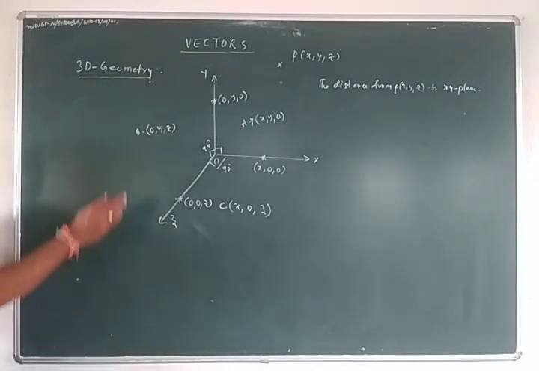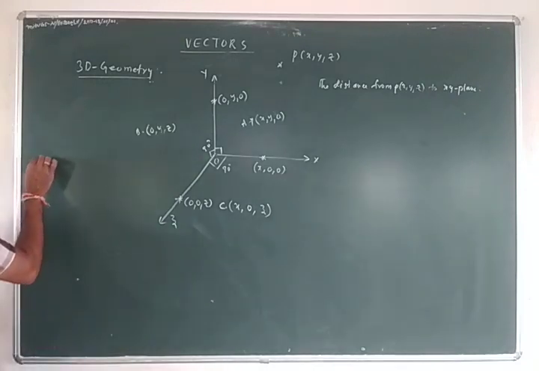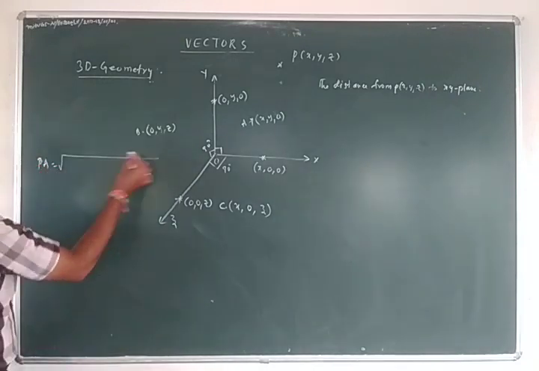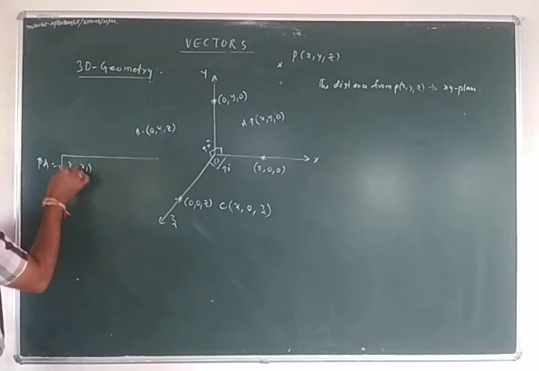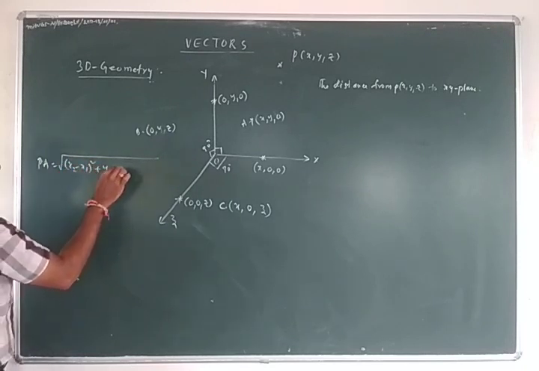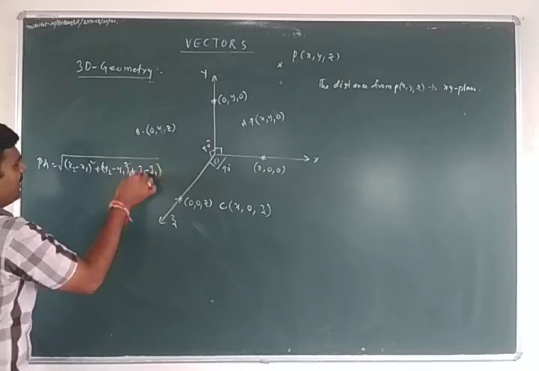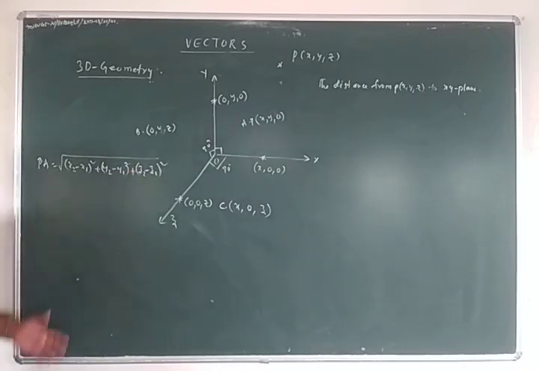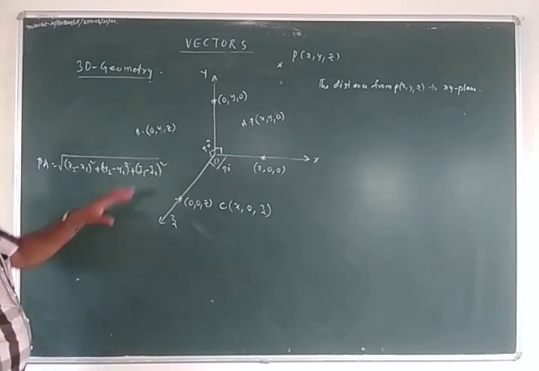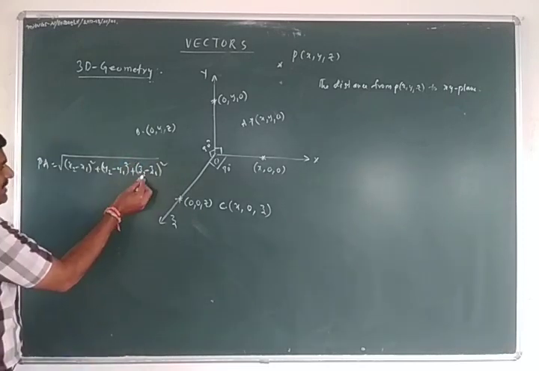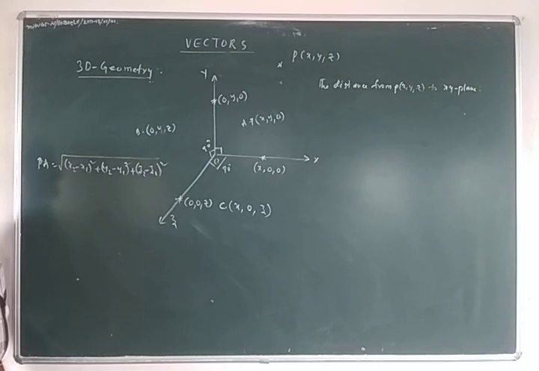The distance between 2 points in 3D is PA equal to under root of (x2 minus x1) whole square plus (y2 minus y1) whole square plus (z2 minus z1) whole square. Because you get one more axis, the z axis, that's why you write z2 minus z1 whole square.